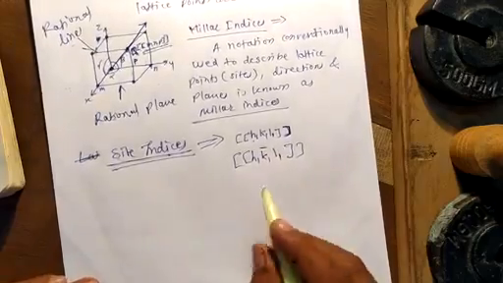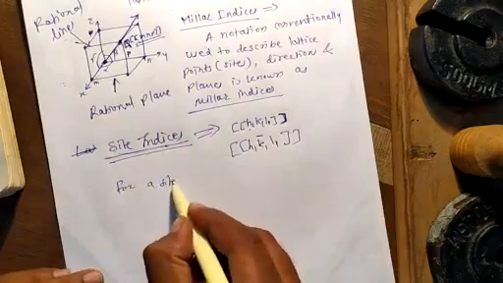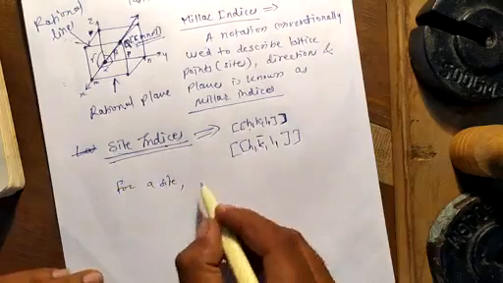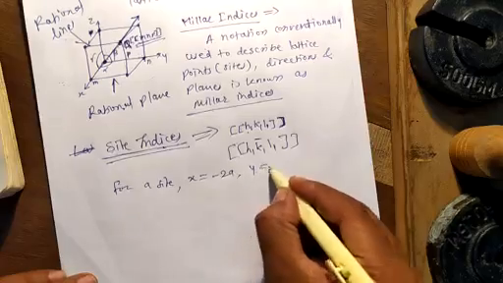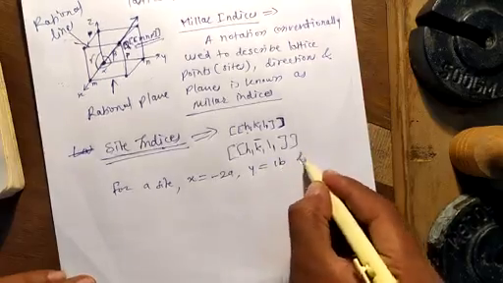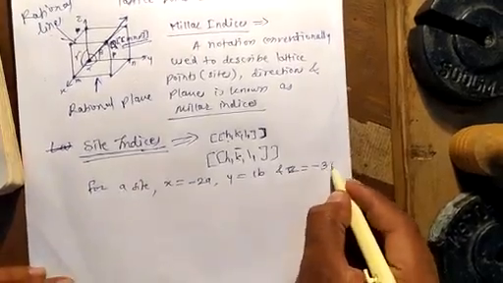Suppose for any lattice point, the coordinates of that point are 2a along the x-axis, 1b along the y-axis, and minus 3c along the z-axis.